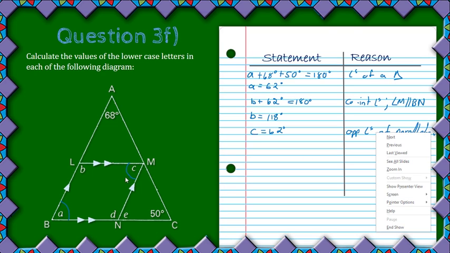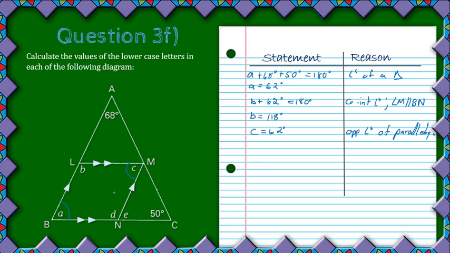Okay, then for D, once again I can do exactly the same. I can say that D is equal to B, 118. Also opposite angles of a parallelogram. And then finally E. Now E, we've got a couple of options here.